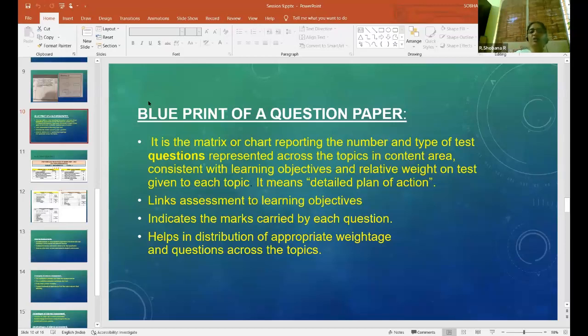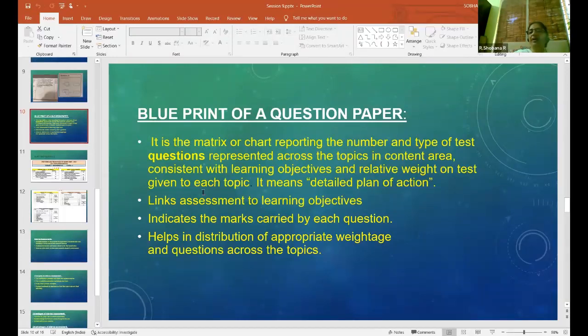So it is the matrix or chart reporting the number and type of questions represented across the topics in each content area, consistent with the learning objectives and relative weight given to each topic. Having decided on the number of topics based on the learning objectives, now we decide the number of marks to be asked in each topic, and through those questions we link assessment to learning objectives.